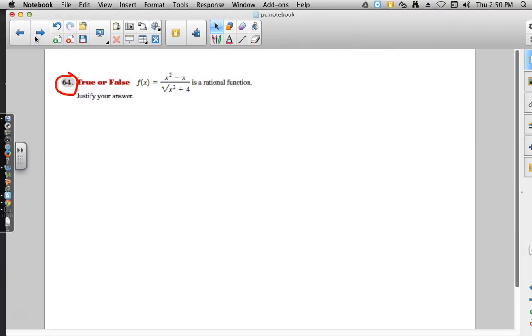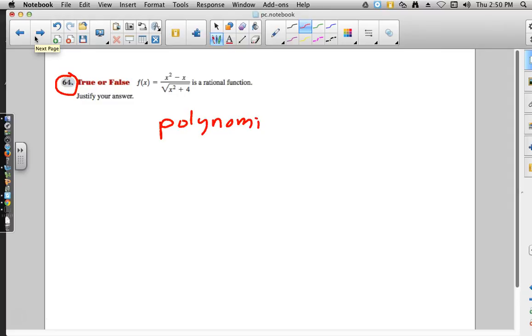Next up is 64, and number 64 is asking us whether or not f of x equals x squared minus x over the square root of x squared plus 4, if that's a rational function. In order to be a rational function, we must have a polynomial divided by a polynomial. And a reminder that we need to have those whole number exponents.